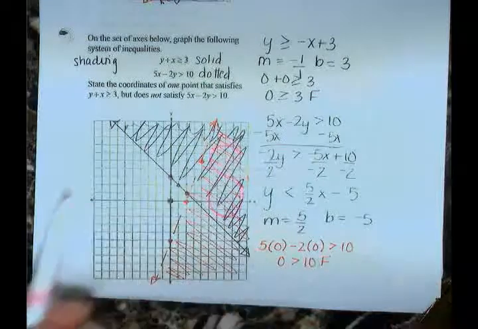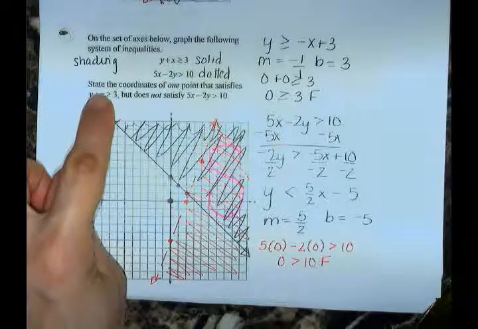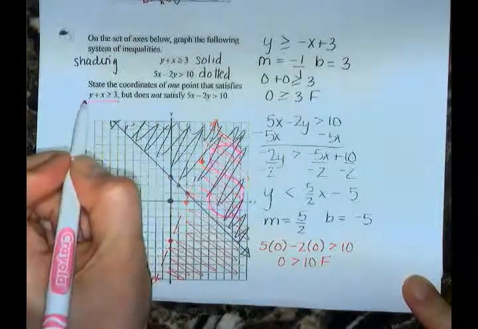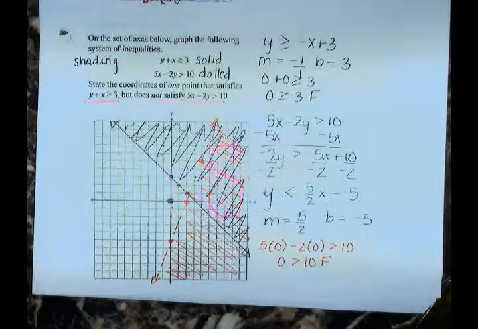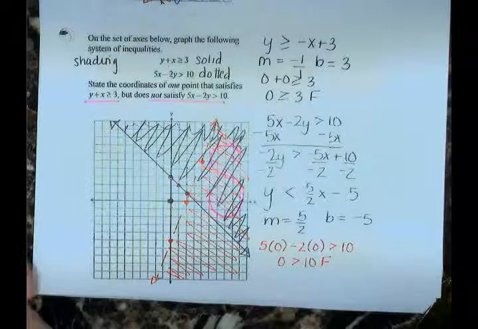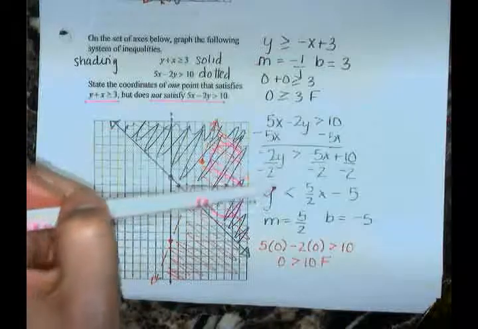Let's go back to the question and see if there's anything else we need to do to answer it. State the coordinates of one point that satisfies y plus x is greater than 3, but does not satisfy 5x minus 2y is greater than 10. So we want to find a point that's in this shading, but not in that.